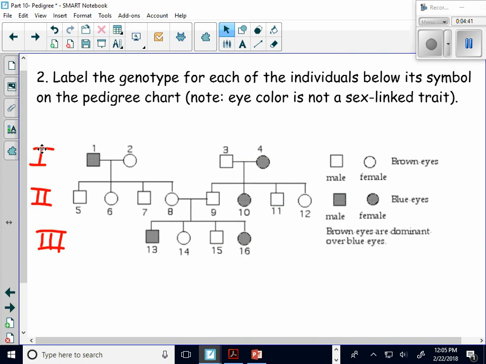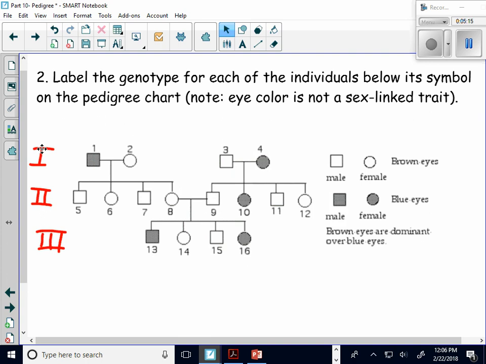How is number 10 related to 2? How is 10 related to 2? Probably the best answer to this... Okay, I see where you're going with that. Everybody here said daughter-in-law. Okay.